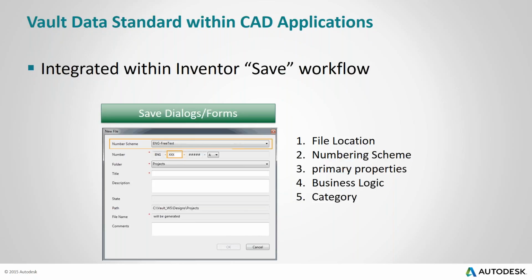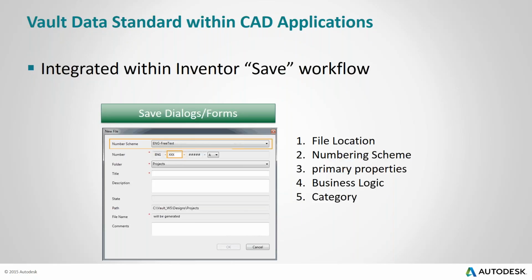After you have filled out a series of properties through configured forms like the one that you see on the screen. So even as you are creating new data and saving files, Vault takes control and it ensures that your data complies with certain standards and mandatory requirements as you are working through Vault or as you're working through your designs.